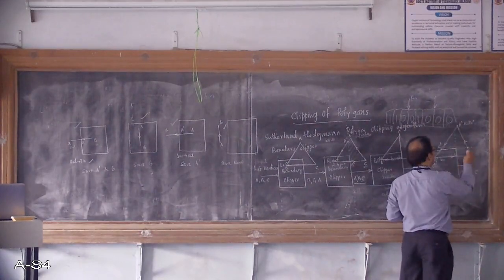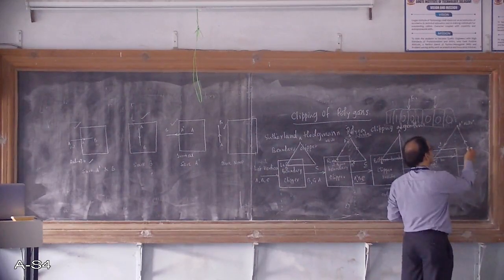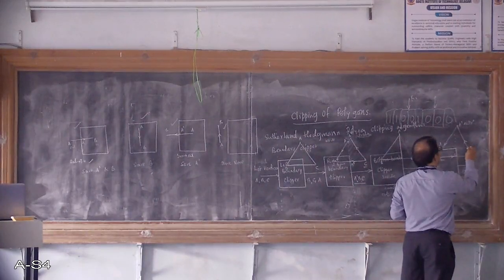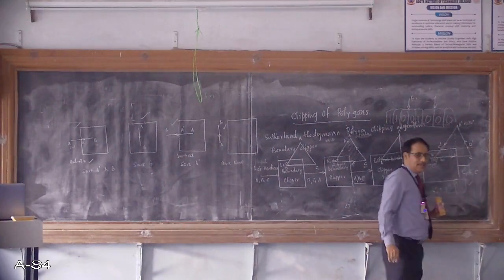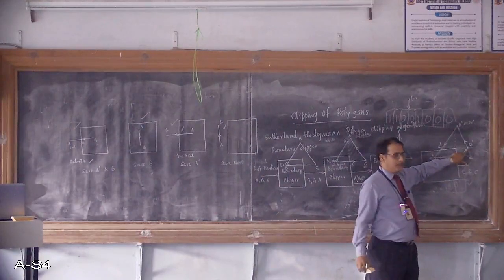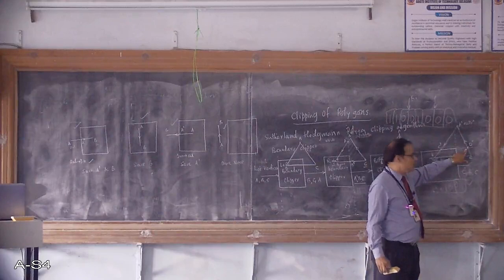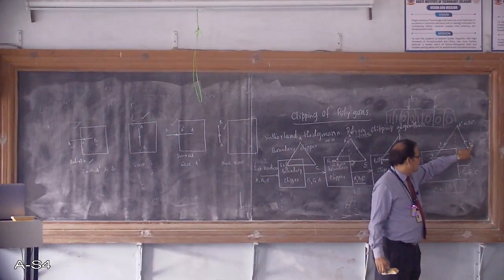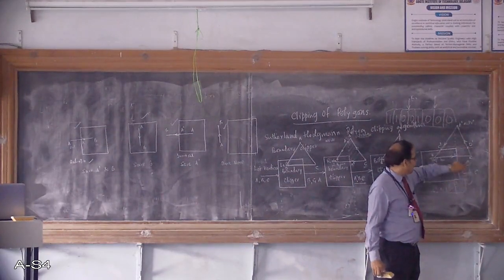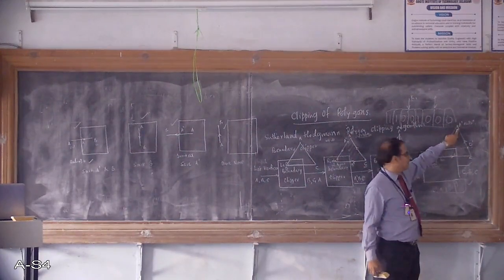So we will need to find out the intersection point, and let us give the name for this as D dash. So after determining the point of intersection of this edge with the top boundary, we have given the point of intersection as D dash.